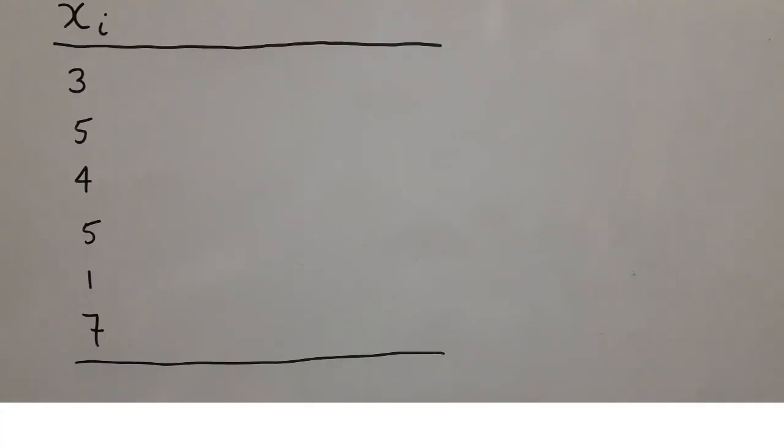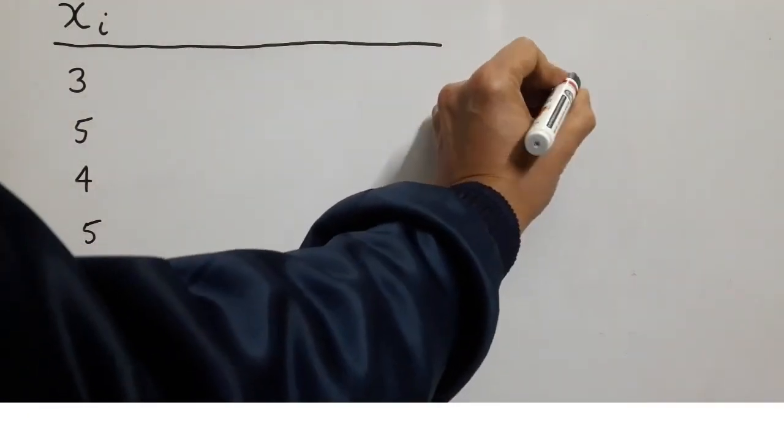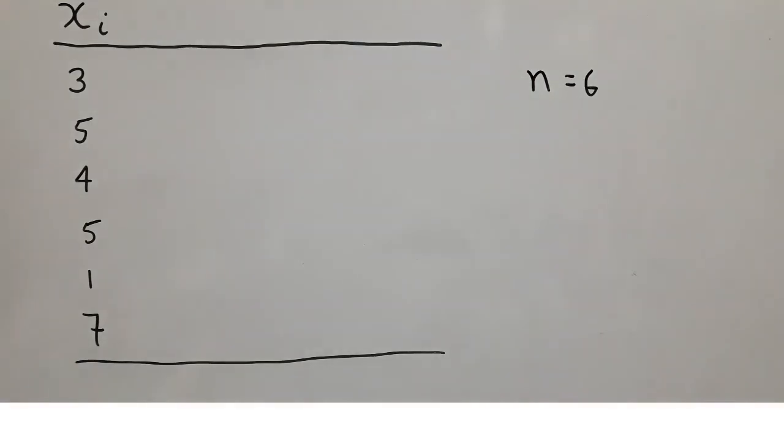In this broadcast, we are going to see hand computation of variance using the definition. So I have my numbers here, 3, 5, 4, 5, 1, 7. So quickly counting, I see that there are 6 numbers. So sample size here is 6.